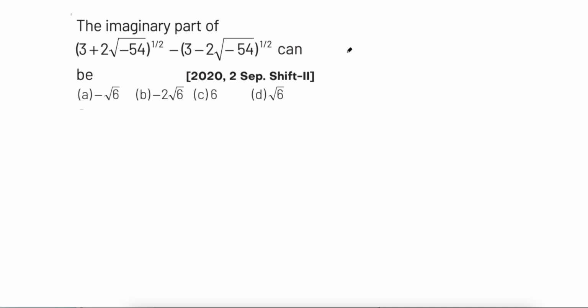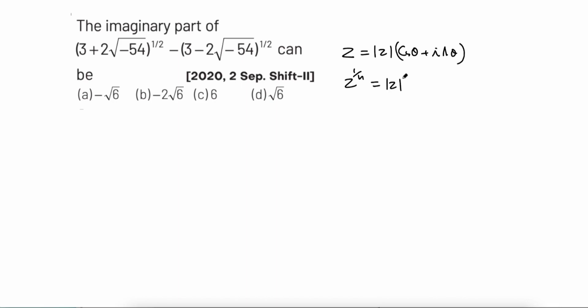So what De Moivre's theorem says is that z to the power 1 by n, suppose z equals mod z into cos theta plus i sin theta, right? So z to the power 1 by n means the nth root, n number of roots you have to get.